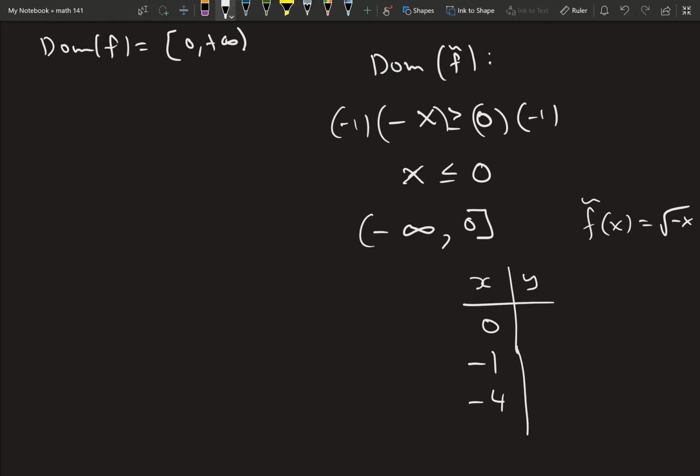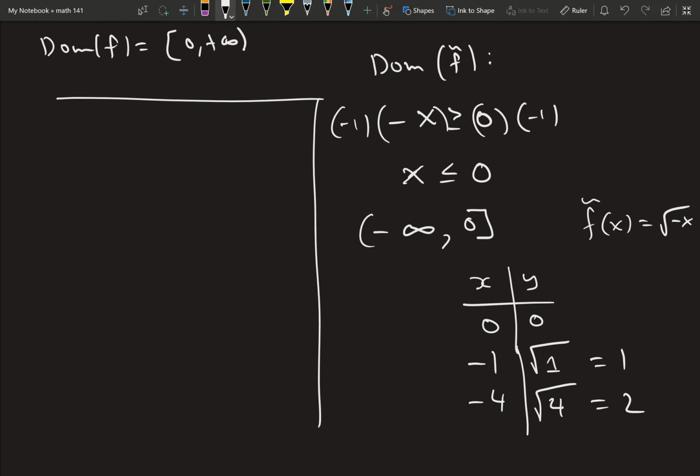Well, -0 is 0. The square root of that is 0. Here we get the square root of +1, which is 1. Here we get the square root of +4, which is 2. And so let's draw the graphs of both. We already know the graph of f, which is this positive square root of x. It looks like this. And let's label one point here, say the point 1, 1.